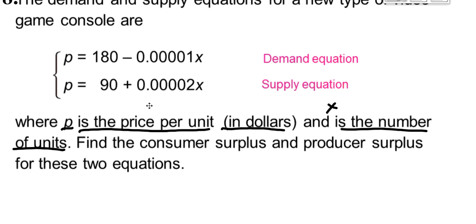And so we're going to use this system of equations. We're going to find the point of equilibrium, and then we're going to graph this system as we go. So let me move to the next slide, and we'll get started on this.